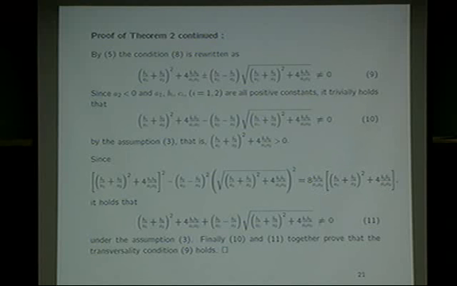Here we see that the two terms inside this angled parenthesis are assumed to be positive, and here A2 is negative. So we have only one sign of this quantity.